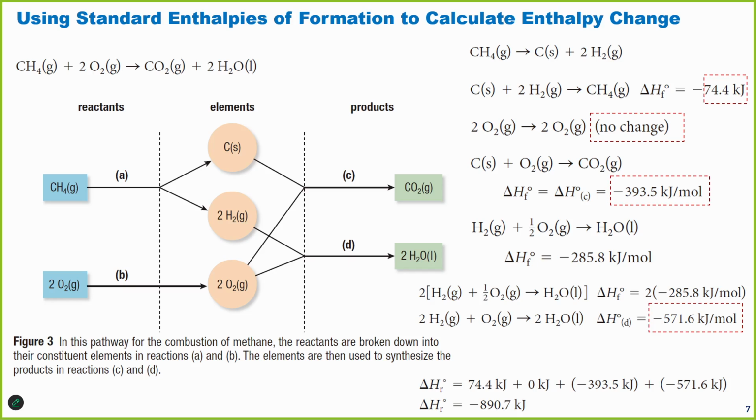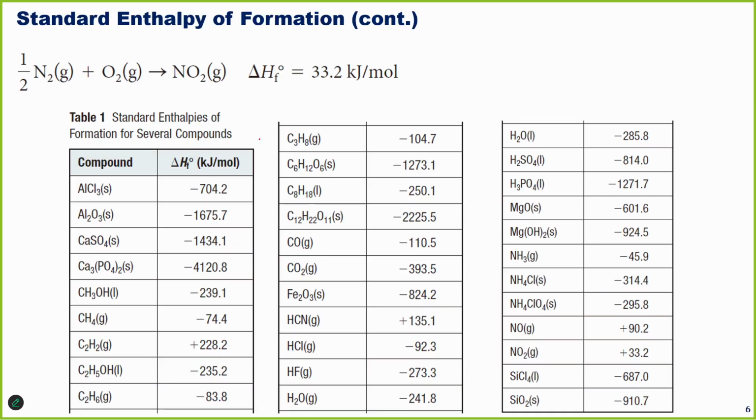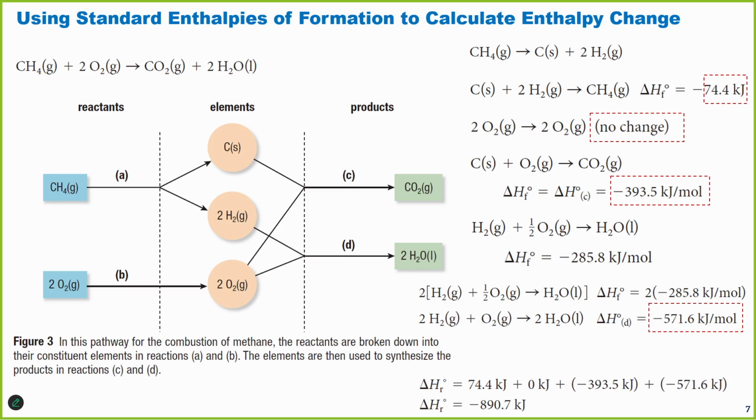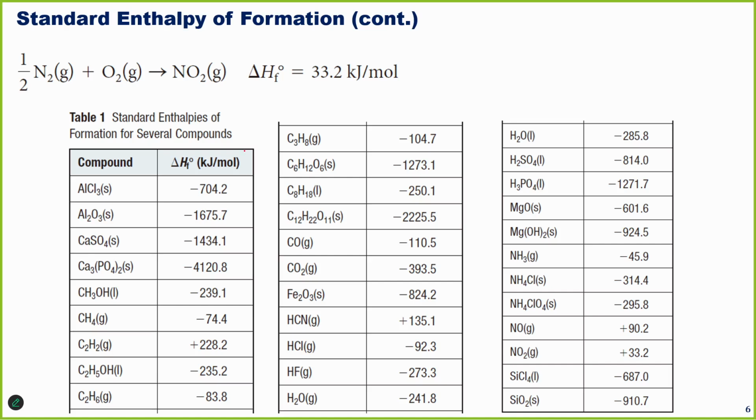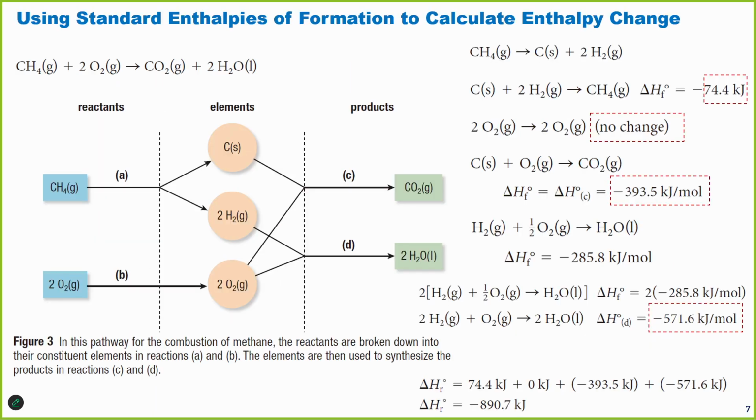Okay, next, let's have a look at how we can use standard enthalpies of formation. We can use the values listed in this table to calculate enthalpy change. As Table 1 here provides the standard enthalpies of formation for many pure substances, we can use these values to calculate the standard enthalpy of reaction for many chemical reactions.